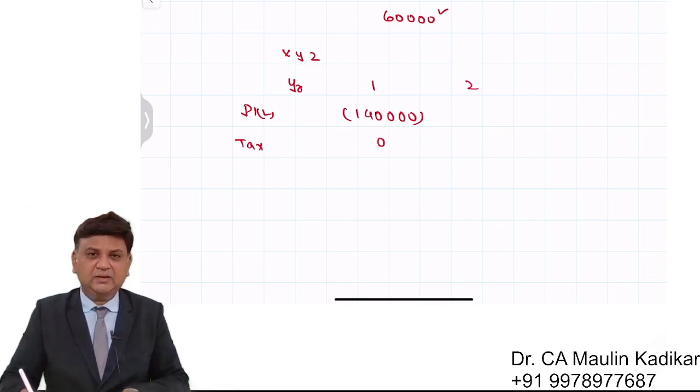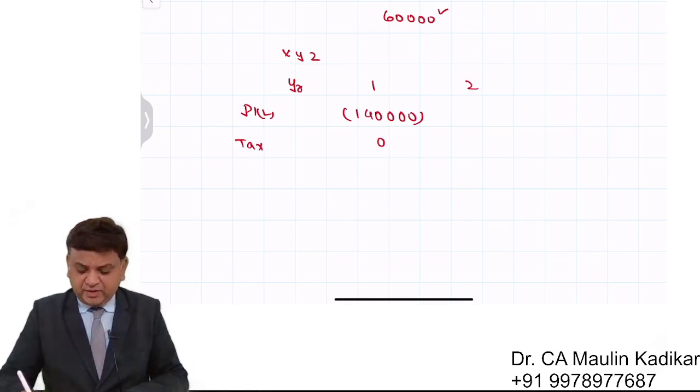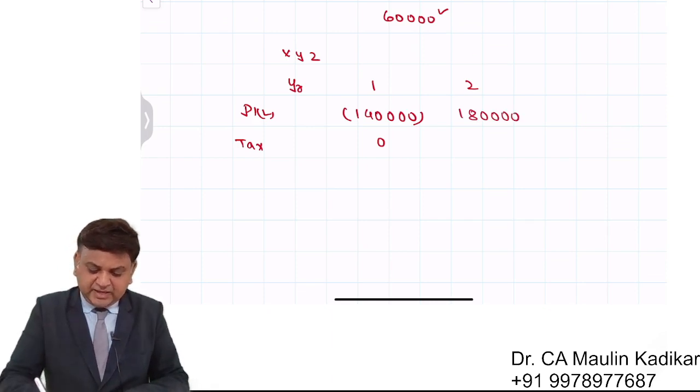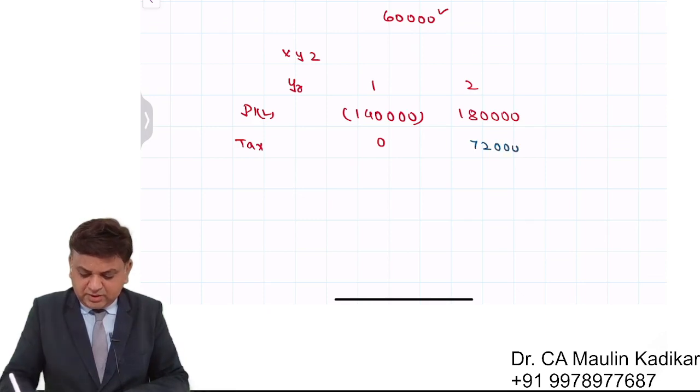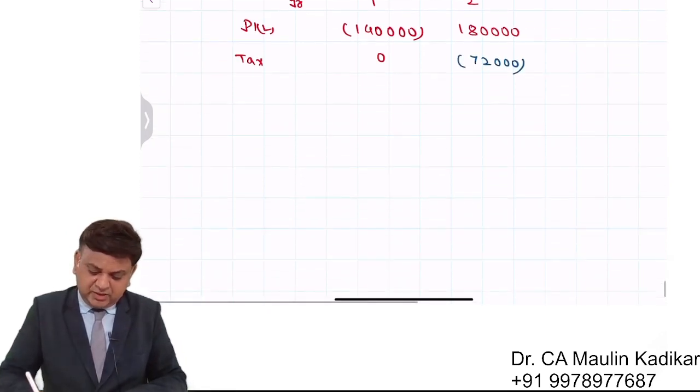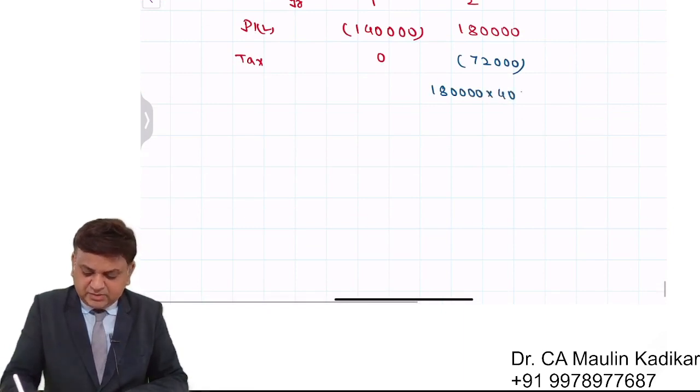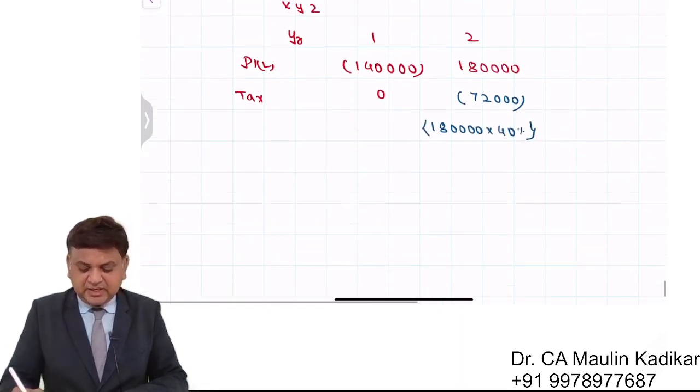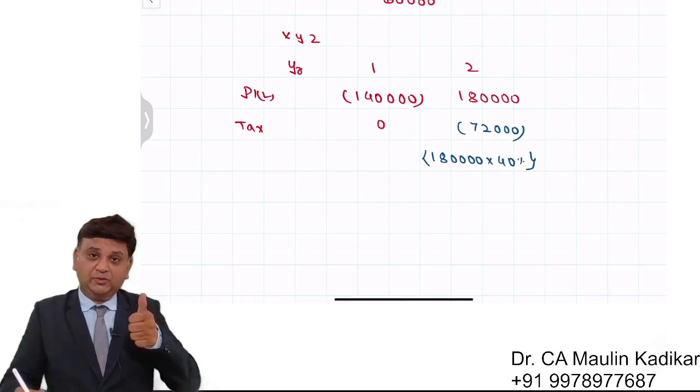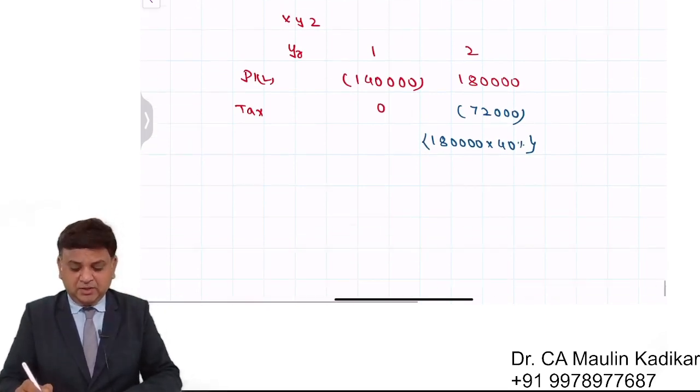In the second year, let us say you make a profit of 1,80,000. Then are you supposed to make the payment of tax of 72,000? Sir, how is 72,000 calculated? 1,80,000 into 40%. Is it like this? Then again the answer is no. You don't have to pay tax like this. Listen carefully.